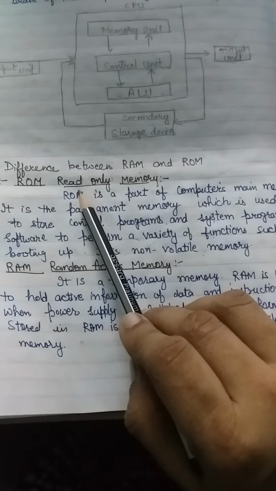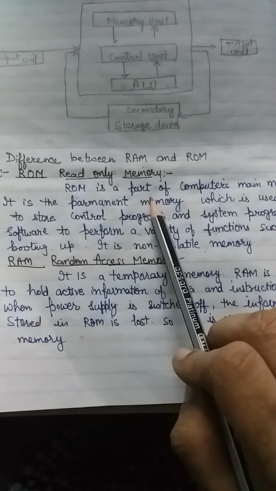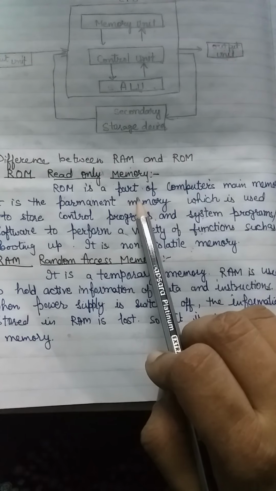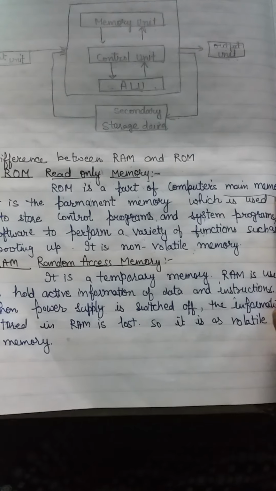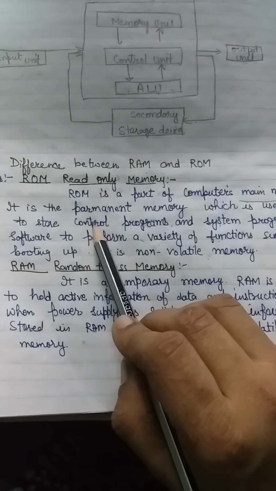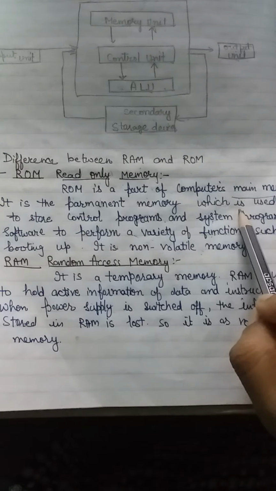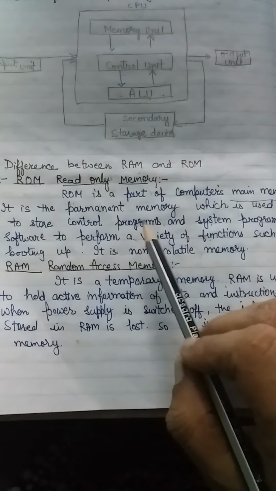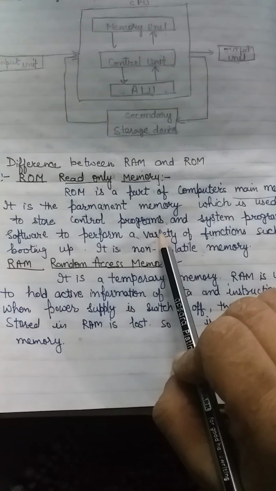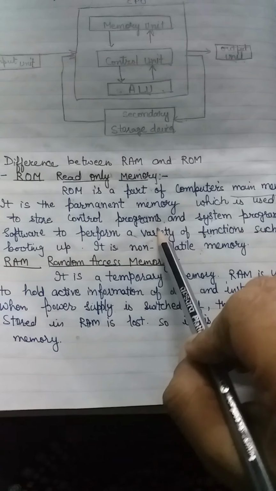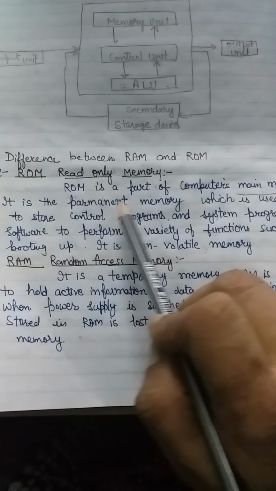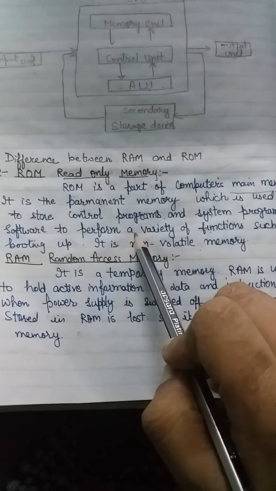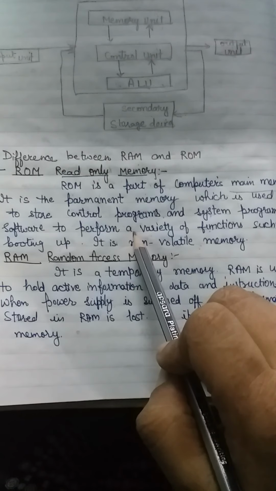ROM stands for read-only memory, and ROM is a part of the computer's main memory. It is permanent. Why? Because it stores system software, system programs and control programs inside the system, and the booting up and a variety of functions are performed with the help of ROM.